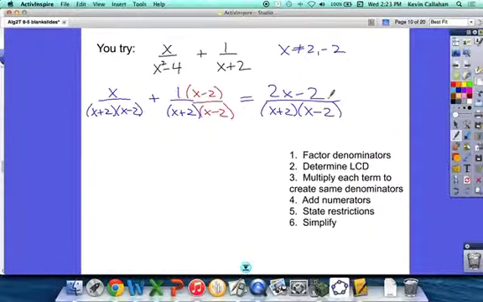Is there anything to simplify here? Could you factor out a 2 and make it 2 times x minus 1? But would you be able to cancel anything if you did? No. Usually polynomials in the numerator are just left in standard form, no parentheses. The denominator is usually left in factored form like that. So that's a good place to stop.